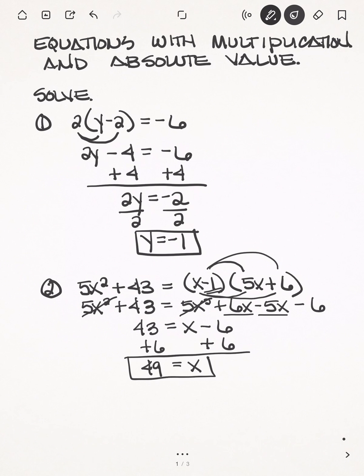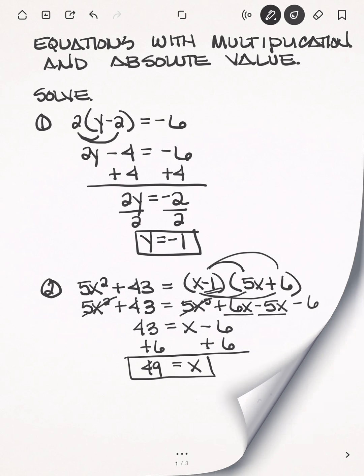All right, we have one more problem that I'd like to do, and it's the most complicated one you'll see. Let me turn the page. We're still solving. We're going to solve number 3. If you have x plus 3 times x plus 4 is equal to x plus 1 times x plus 2.